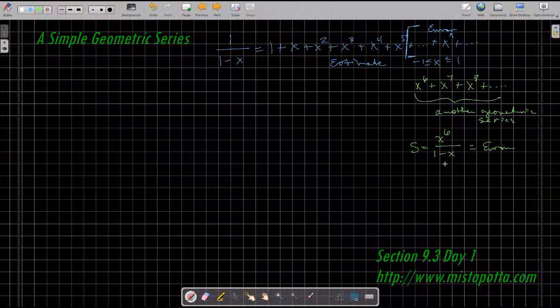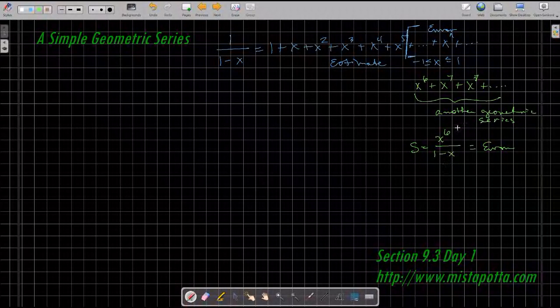And so when I'm dealing with geometric series, it's very easy to determine what the actual error is going to be, because the tail of a geometric series is in and of itself an infinite geometric series. It has the exact same ratios we had before.